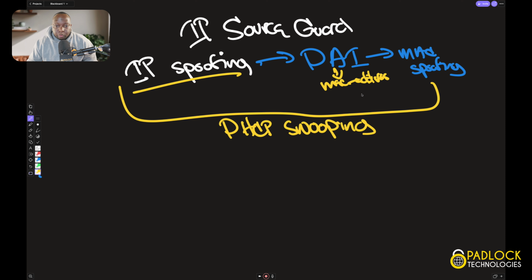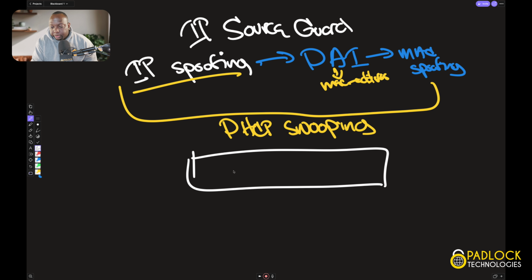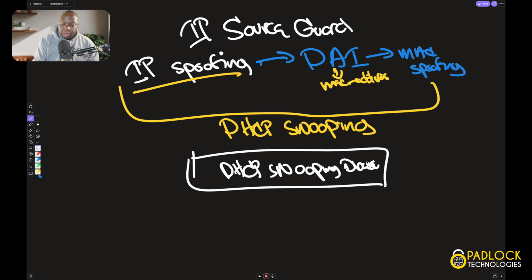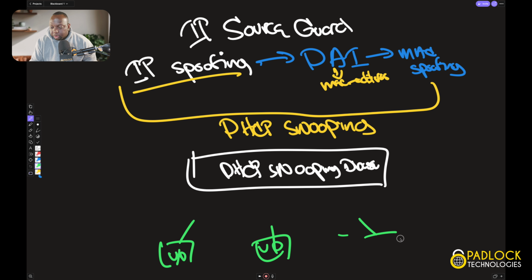But how IP source guard works is, let's say we have the DHCP snooping database. This is in a switch, and you have some users plugging in to the switch: usernames and devices, user devices.